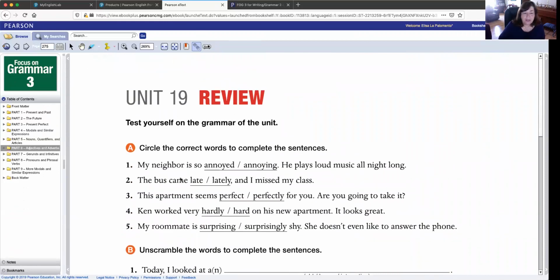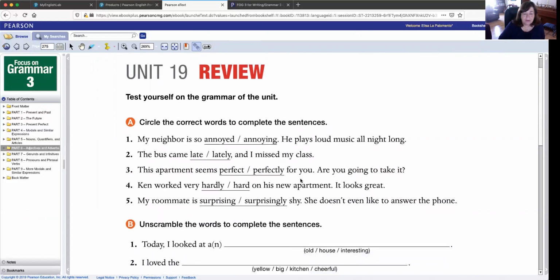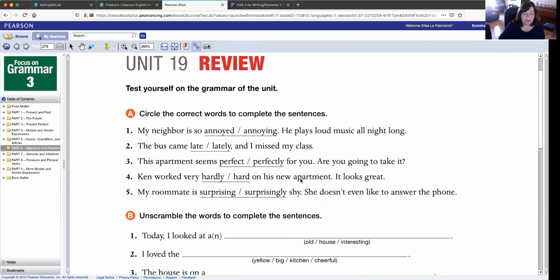In the first part A, you're going to circle the correct words to complete the sentences. Okay, so it looks like you're going to circle either an adjective or an adverb. My neighbor is so, okay, we're talking about the neighbor and how she feels, so we need an adjective. My neighbor is so annoyed. Oh, actually, in this case, read the whole thing, because that will really tell you what you need.